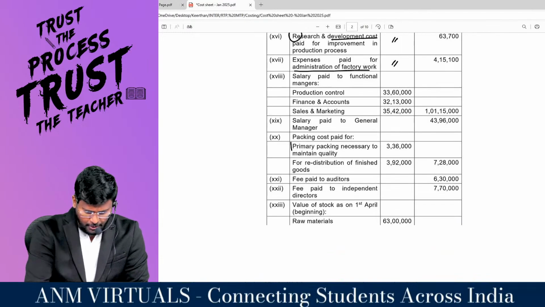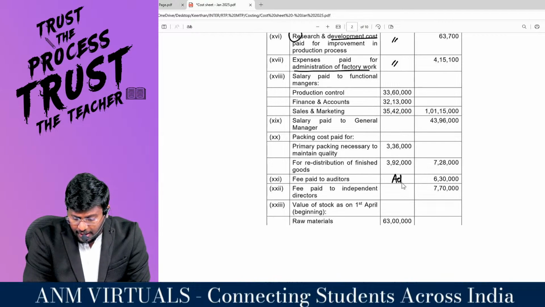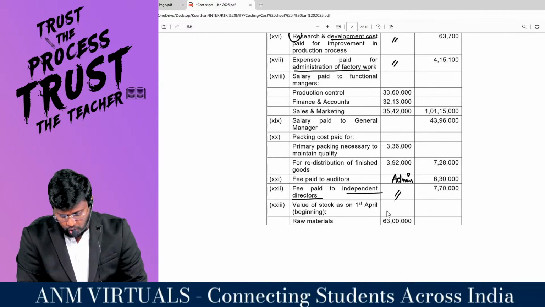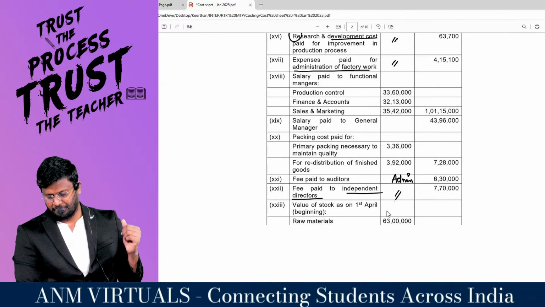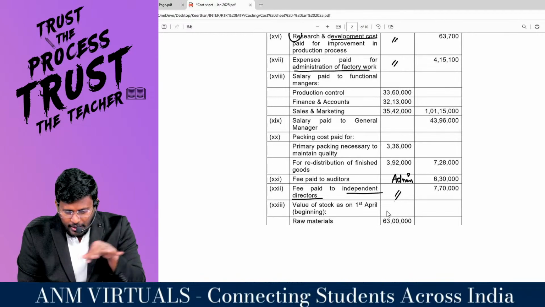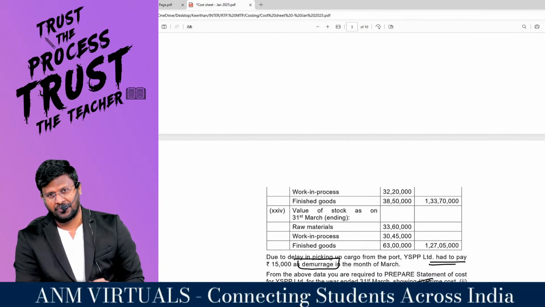My dear lovable students, fees paid to auditor are part of admin. Fees paid to independent directors, who will take the decisions, are also part of administration overhead. So what you are supposed to do is, with this background, write this question on your own.